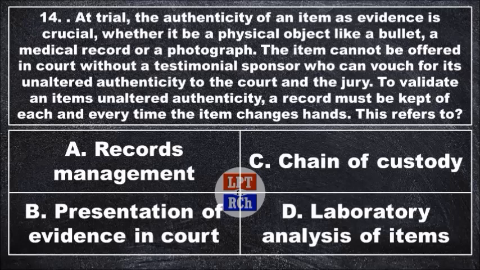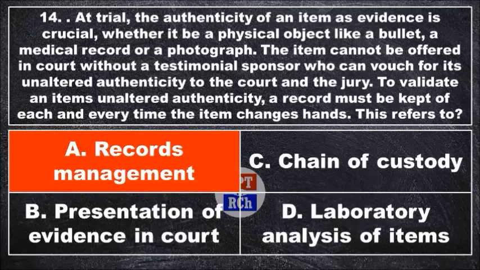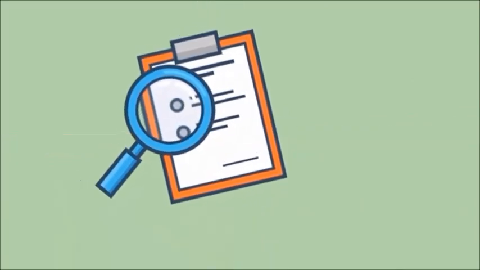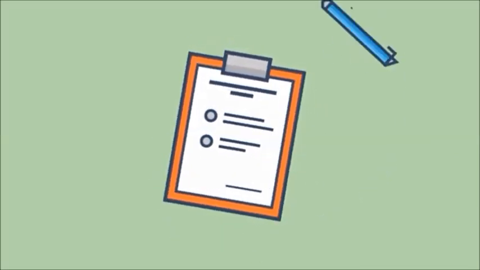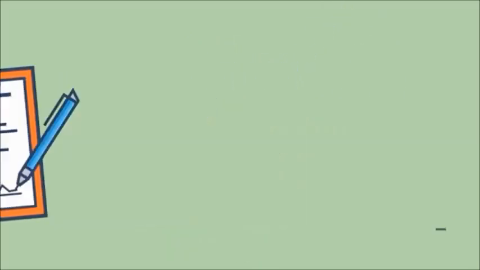B. Presentation of evidence in court. C. Chain of custody. Or D. Laboratory analysis of items. The correct answer is A. Records management. It is an agency-wide system that provides for the storage, retrieval, retention, manipulation, archiving, and viewing of information, records, documents, or files pertaining to law enforcement operations.